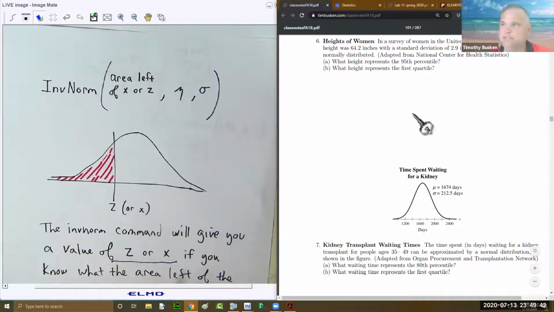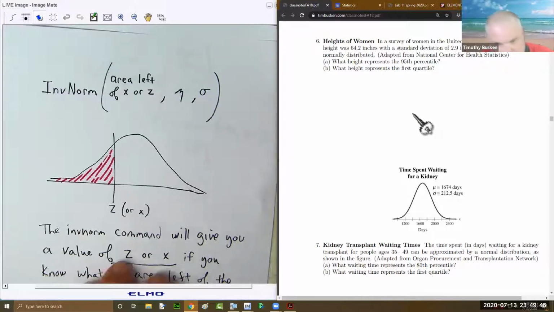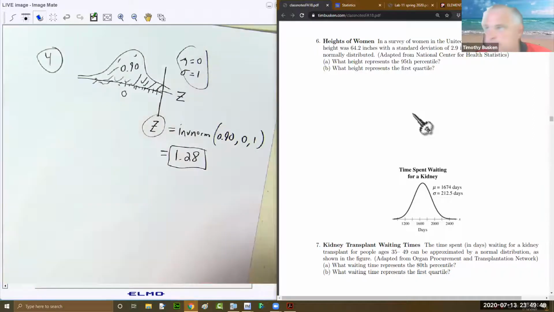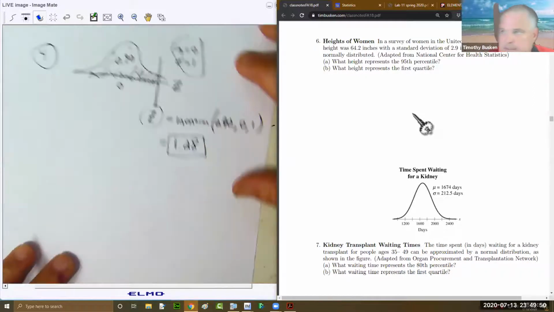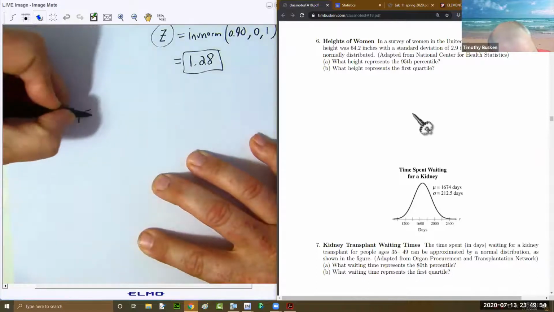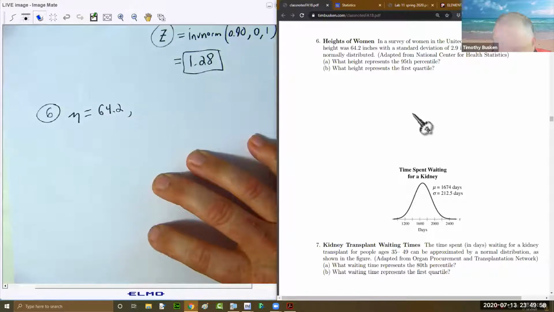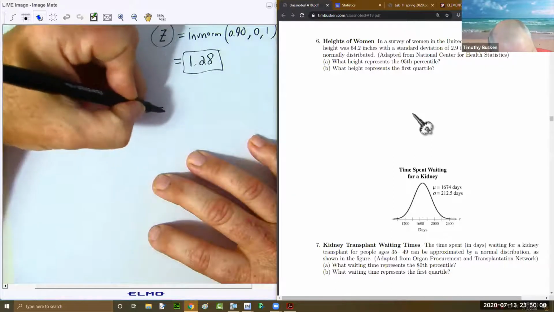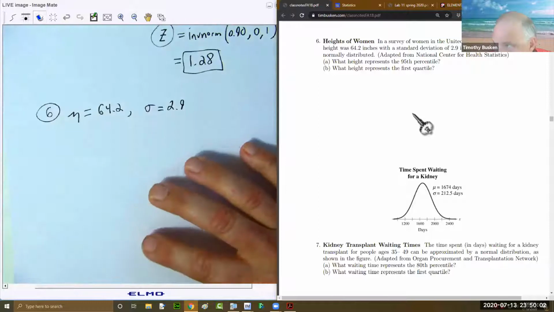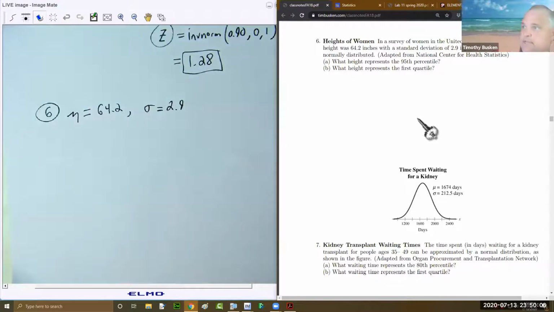In number 6, in a survey of women in the United States, aged 20 to 29, the mean height was 64.2 inches. So mu is 64.2, and the standard deviation of heights was sigma equals 2.9. The problem says assume the heights are normally distributed.